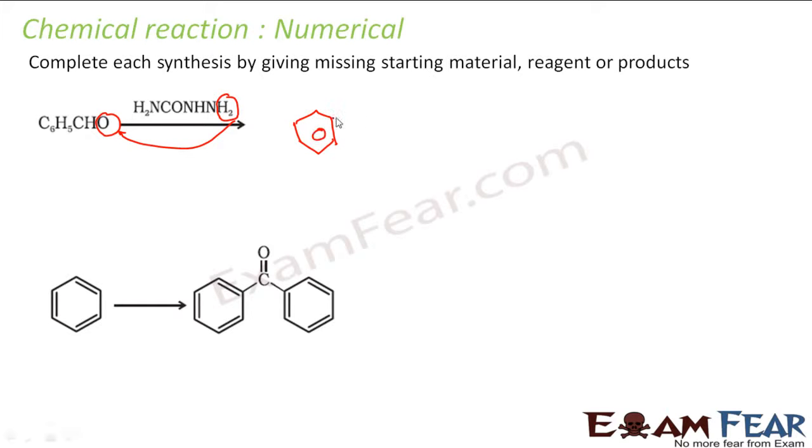I'm not willing to do it now. So with this you'll get N, you get NH and CONH2. Correct? This goes off, this attaches here, you'll get this. This is called benzaldehyde semicarbazone.